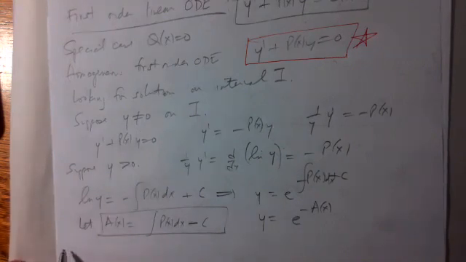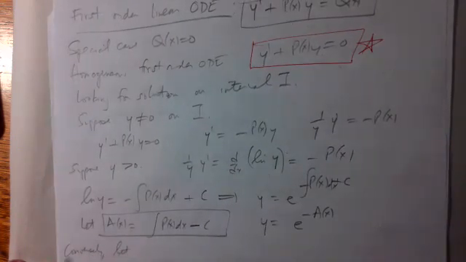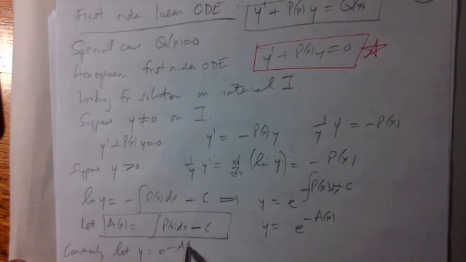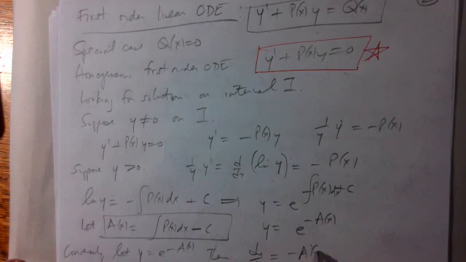Conversely, if you let y be e to the minus A(x), then by the chain rule, what is dy/dx, or y'? It's minus A'(x) times y. When you differentiate A, you get p(x).